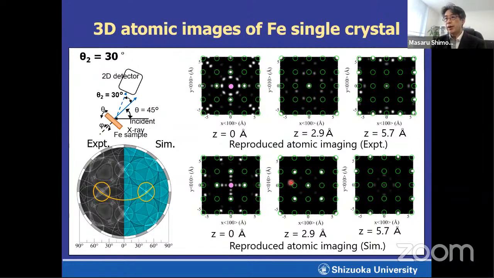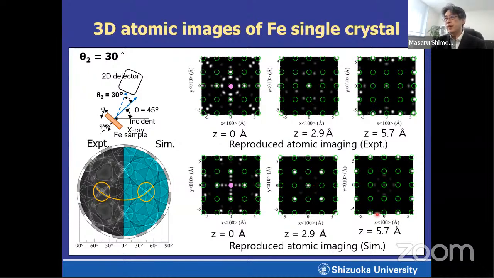If we compare the simulated 3D atomic images and experimental atomic images, the nearest neighbor atoms of the emitter are reproduced well. And one layer higher, the atoms here and there are also reproduced well.